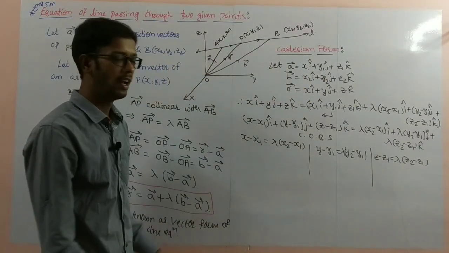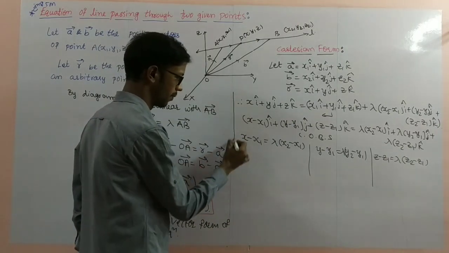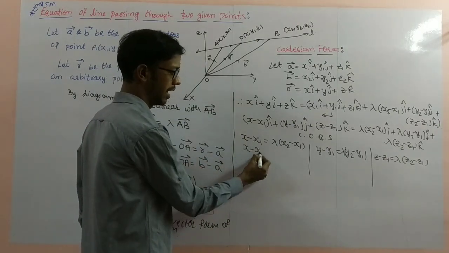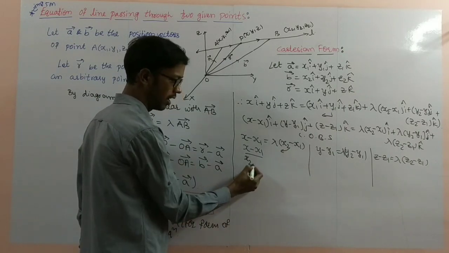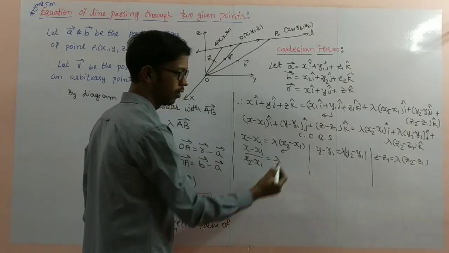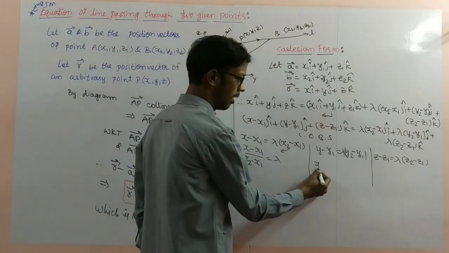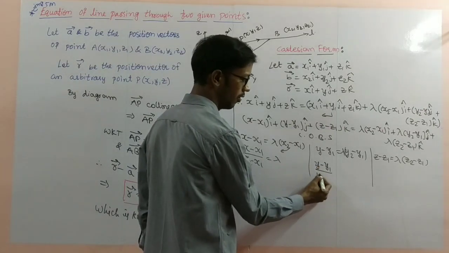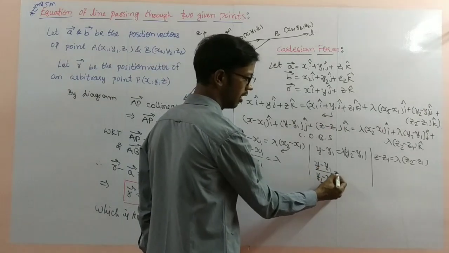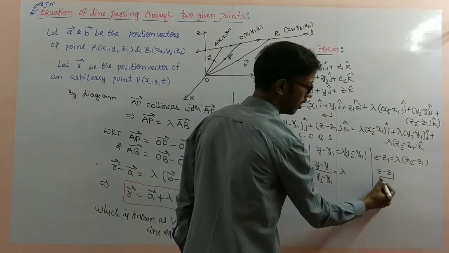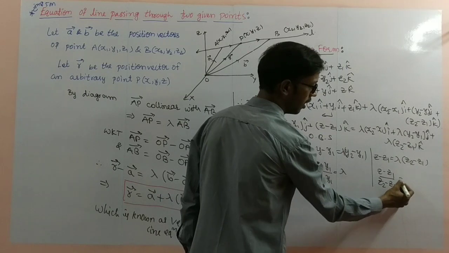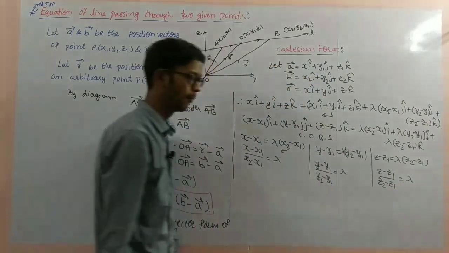So the lambda value we need: if you send it to the left side, the denominator X2 minus X1, X minus X1 by X2 minus X1 equal to lambda, Y minus Y1 by Y2 minus Y1 equal to lambda, Z minus Z1 by Z2 minus Z1 equal to lambda.